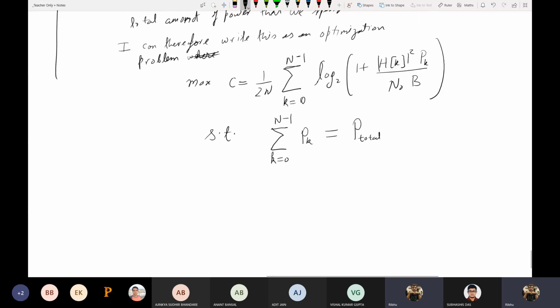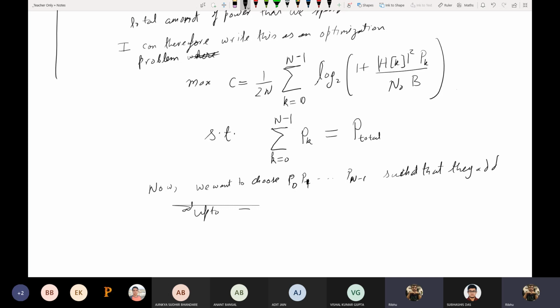So now let me ask the question properly. Choose P1, P2, up to P(n minus 1), that add up to P total, and maximize the average spectral efficiency.